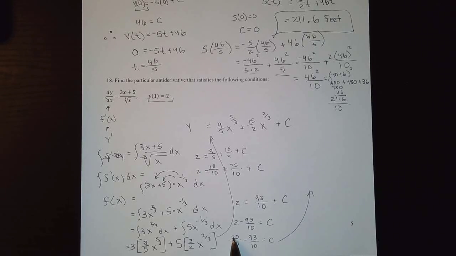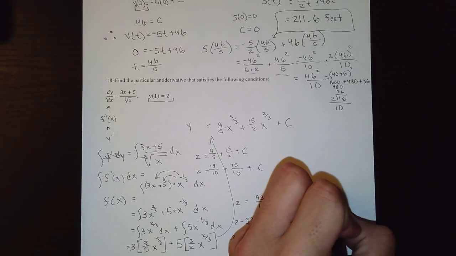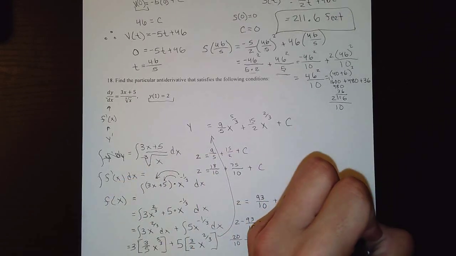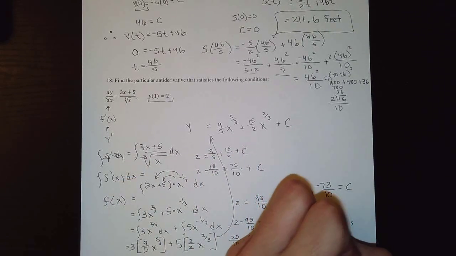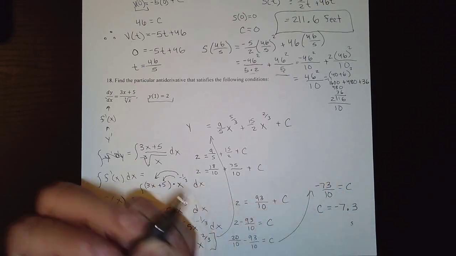So this would end up being 90 minus 20 is 70, and the 3 minus the 0. So now we have negative 73 over 10 equals c. So that implies that c is equal to negative 7.3.